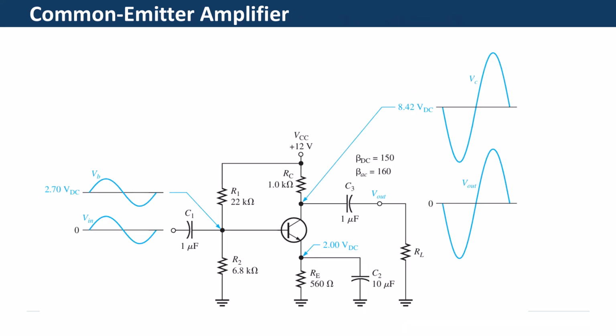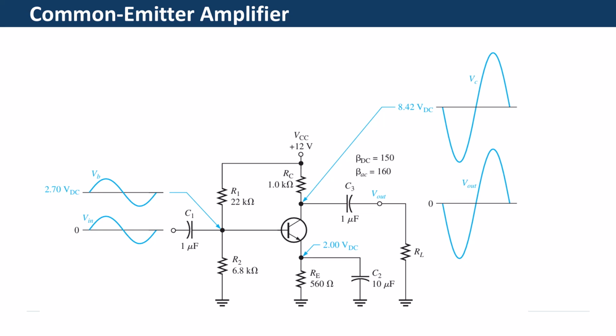AC ground. This is a common emitter amplifier with voltage divider bias and coupling capacitors C1 and C3 on the input and output, and a bypass capacitor C2 from emitter to ground. The input signal Vin is capacitively coupled to the base terminal.